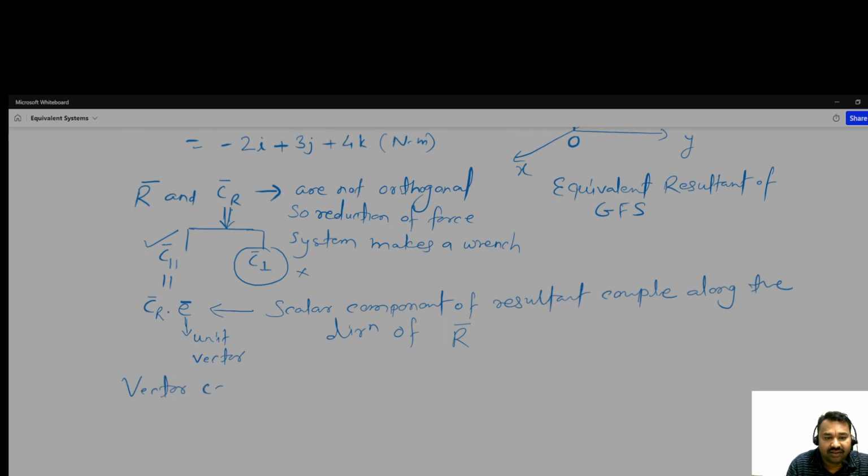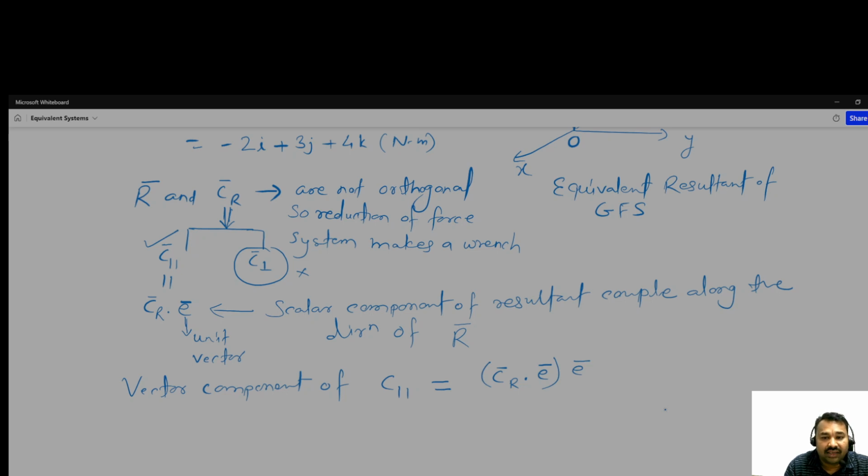And then how to get it in the vector form? You can write the vector component of C parallel. This can be equal to CR dotted with the unit vector and further multiplied by the unit vector.